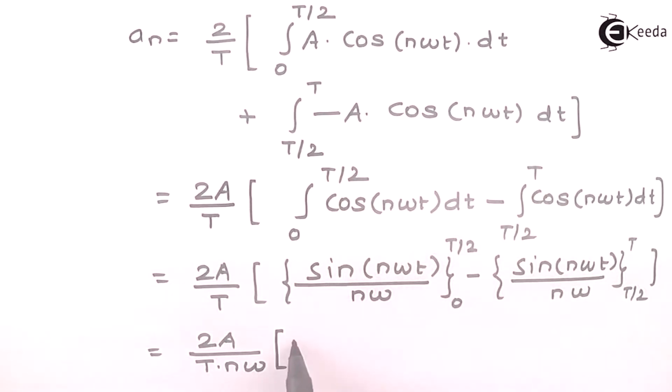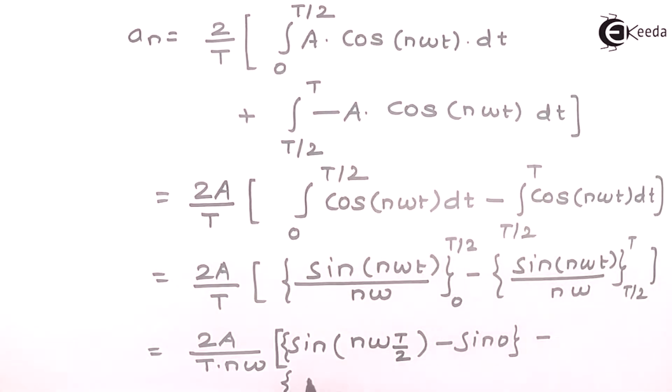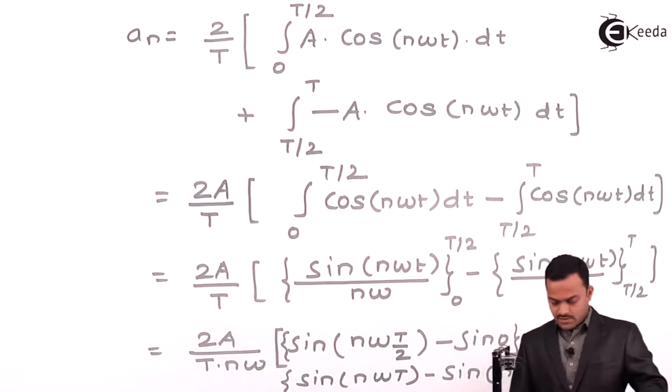If I apply the limit, it will be sine n omega T by 2 minus, over here it is 0, so sine 0, this will come in one bracket, minus in second bracket it will be sine n omega capital T minus sine n omega capital T by 2. Now over here we know sine 0 is 0.